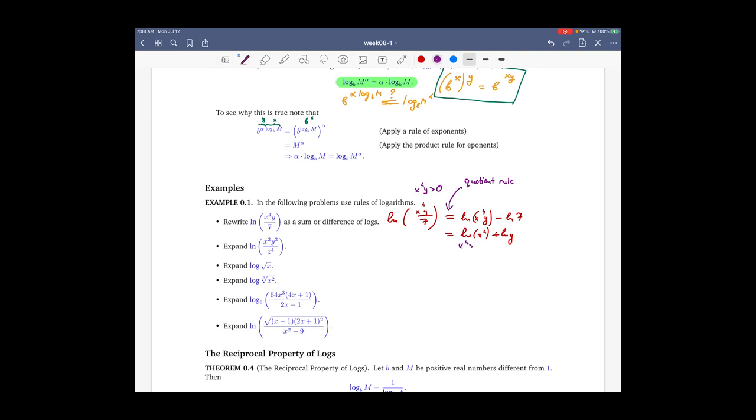X to the power 4 is positive if and only if x is non-zero. And we also need y positive if we write that. So this here is the product rule.